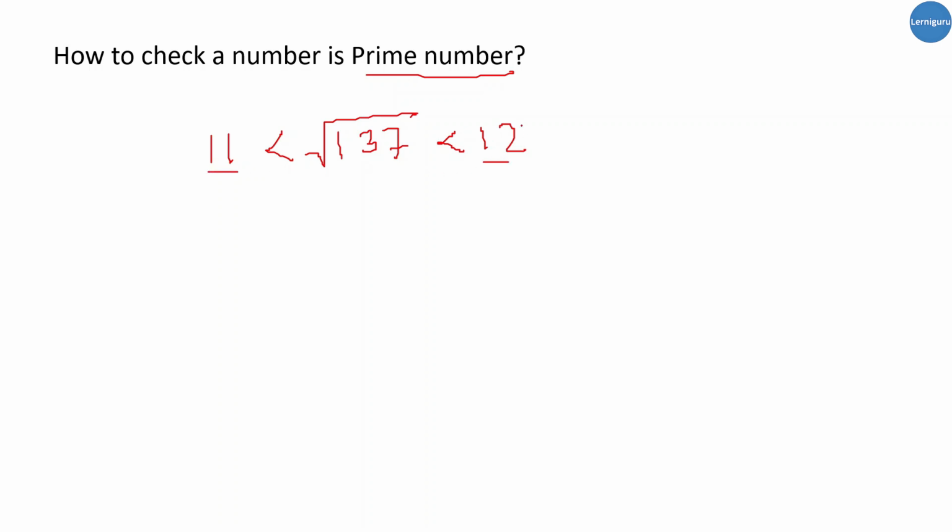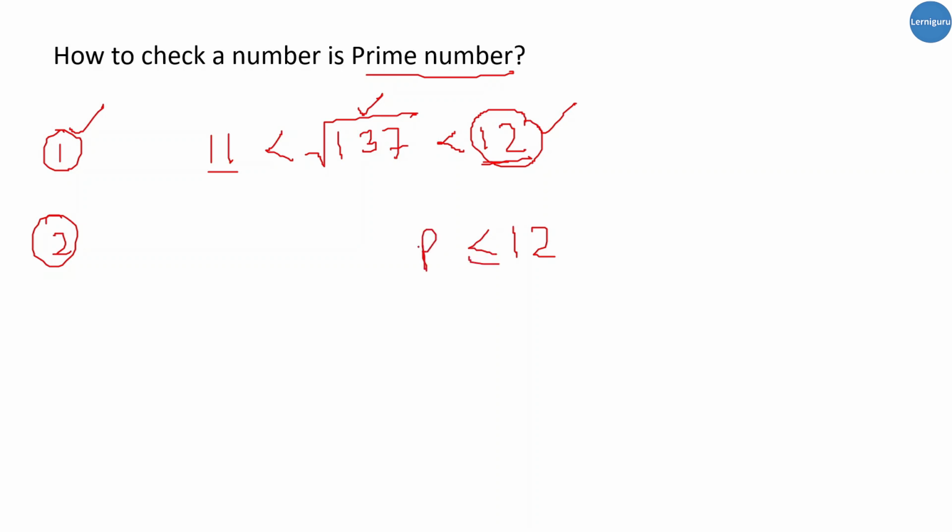Now you need to take the higher number, 12. Second step: write all the prime numbers that are below 12 or 12 itself.